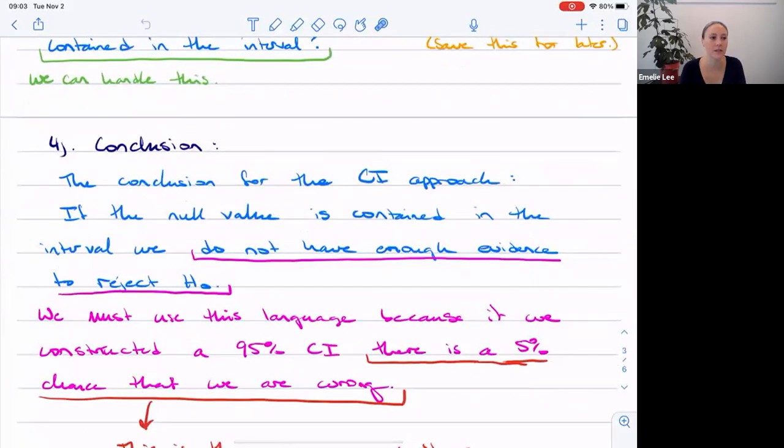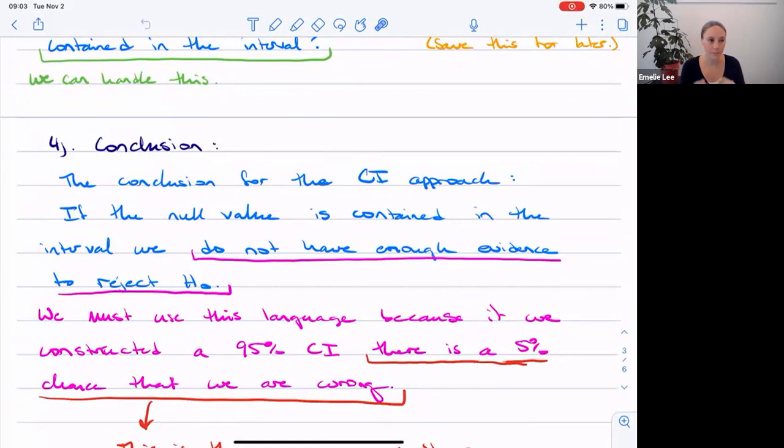Then in terms of our conclusion, if the null value is contained in the interval, then we do not have enough evidence to reject H naught, right? Because then it is a plausible value for the population proportion, right? Whereas if it's outside the interval, then we have evidence against the null hypothesis, right?